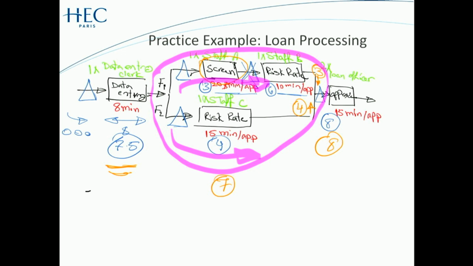Okay, so what's going to be the bottleneck? It is clear that the bottleneck is in this part of the process. What is choking this step and slowing down the output? It is clear that screening is the one regulating this whole step.